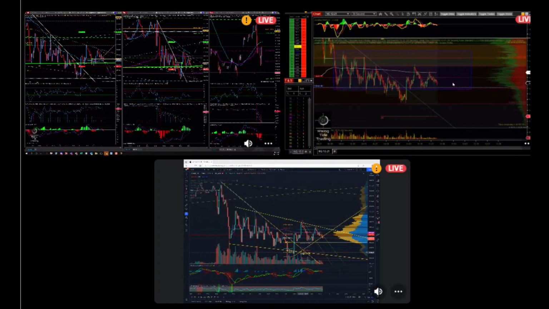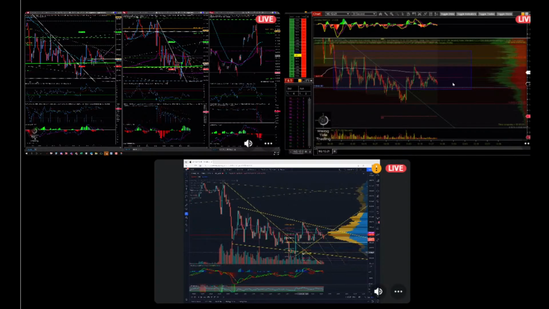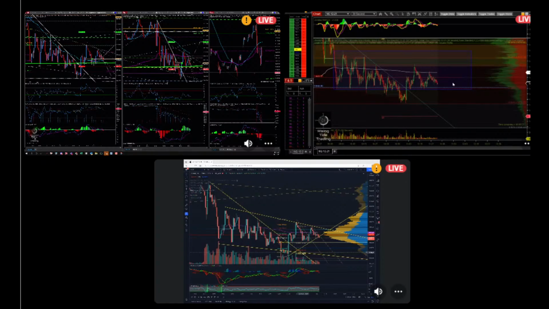Okay. Yep. I'm considering closing it and looking for a re-entry. I just don't like closing so close to where I am. It hasn't really moved and disproven my original theory yet. I just don't like the divergence that's starting to show up on the 1 minute here.